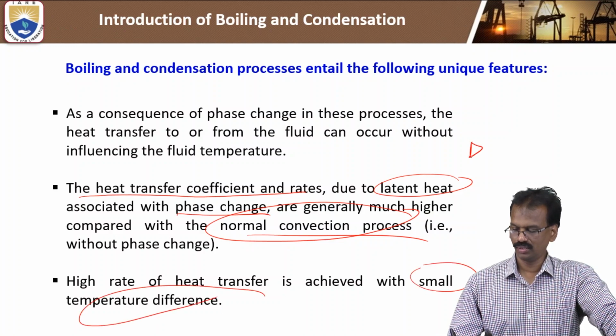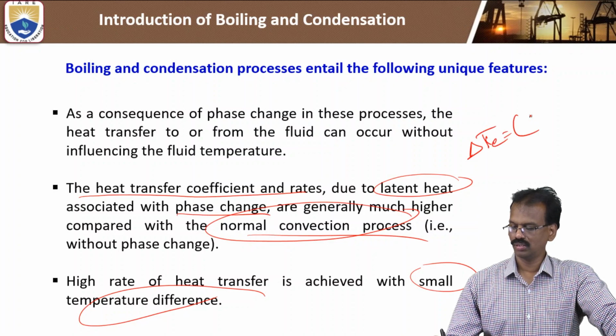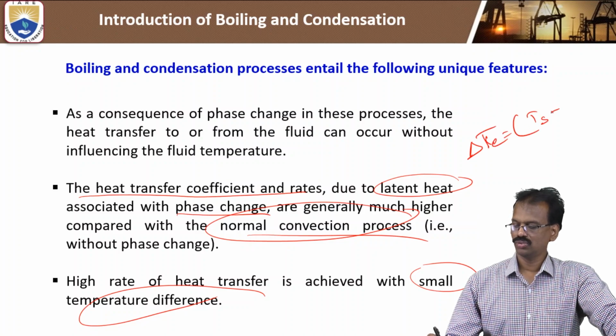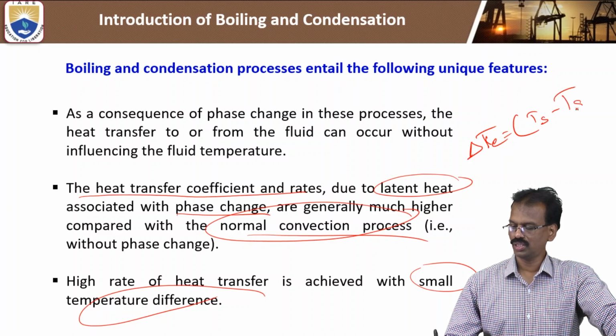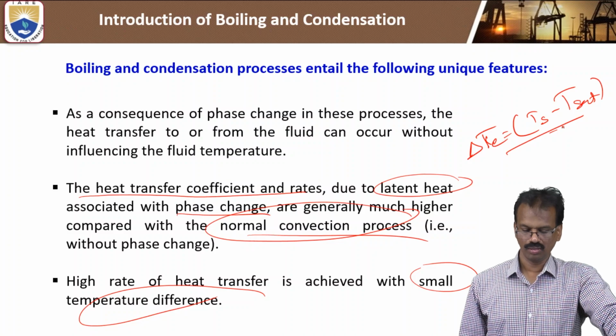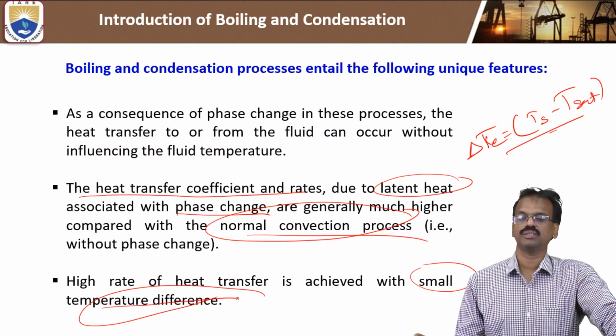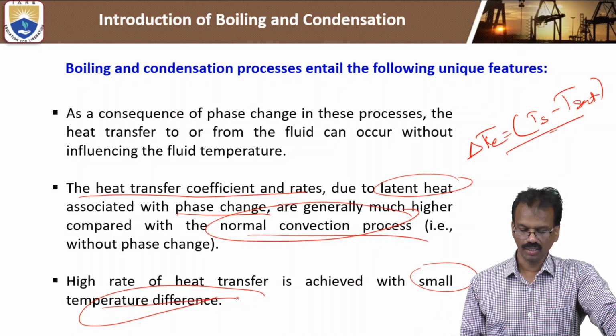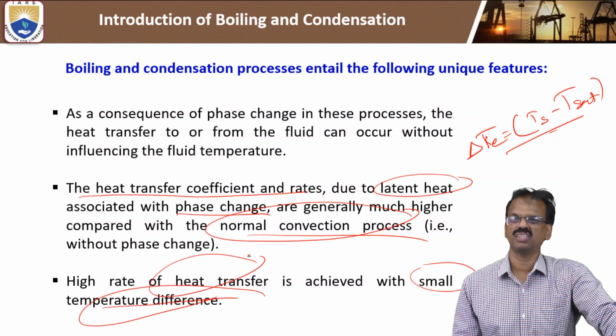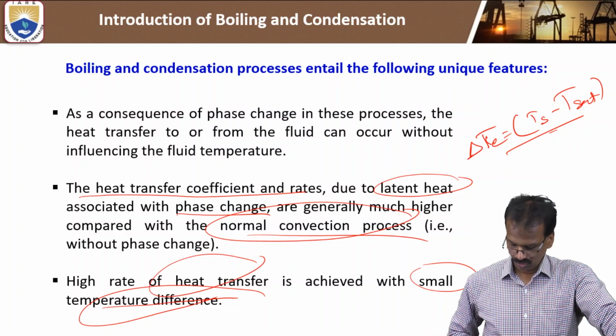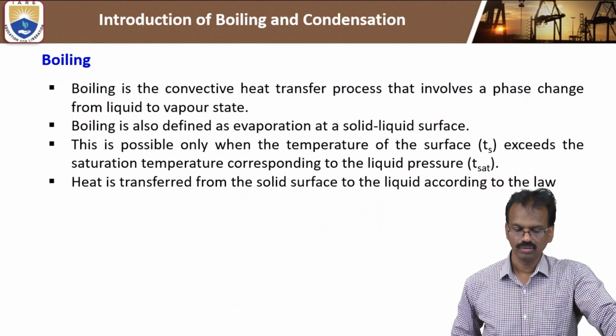Here, just like delta T, that is the solid temperature minus saturation temperature. For a very small temperature difference, we will see a high rate of heat transfer. So these things are very important.